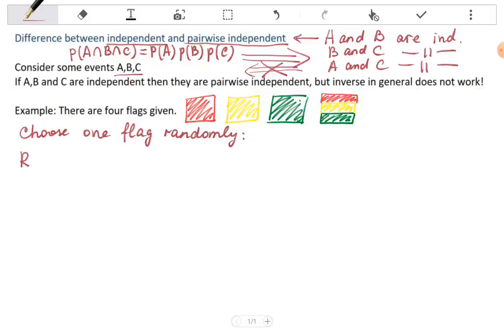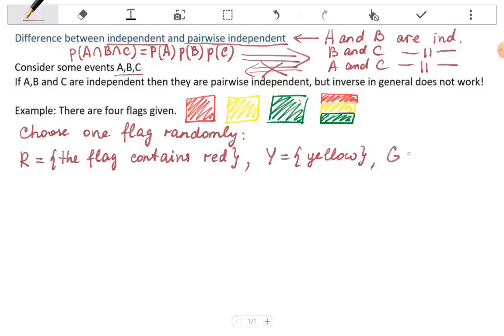Event R: our chosen flag contains red color. Event Y: the flag contains yellow color. And event G is the flag contains green color. And let's study these 3 events as A, B, and C and check if they are independent and pairwise independent.